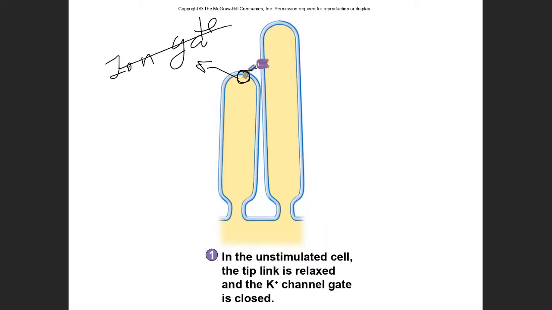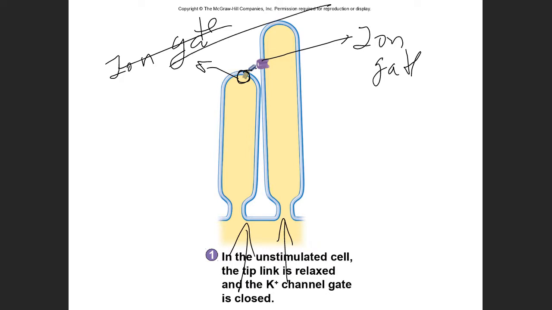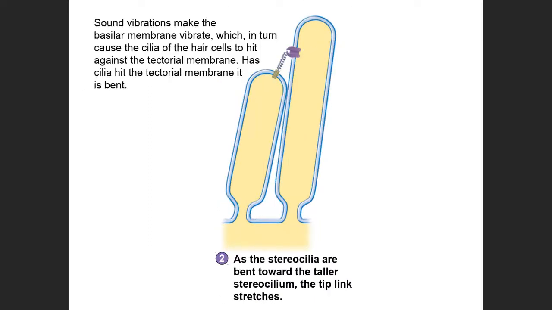Actually, I take that back. The purple one is the ion gate. There we go. That makes more sense. So when the basilar membrane begins to push this whole structure upwards, and the structure hits against the tectorial membrane on top, that is going to move the cilia back, and the little connection between the two cilia is going to be stretched, and that's going to physically open the gate.